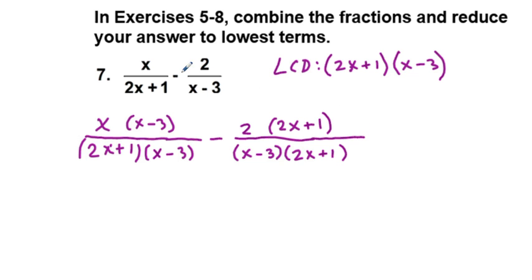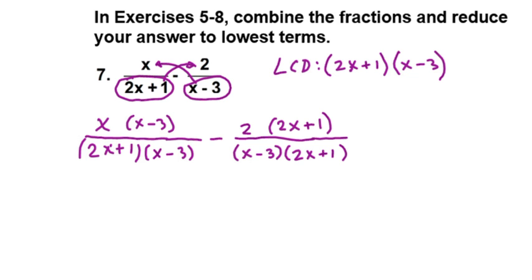And one way of looking at this, if you look at the original fraction, it's almost like cross-multiplying this x minus 3 with this x over here to the left term and this 2x plus 1 by this 2 over here. So that's one way of kind of a shortcut.